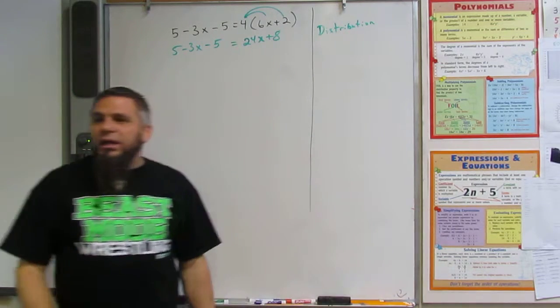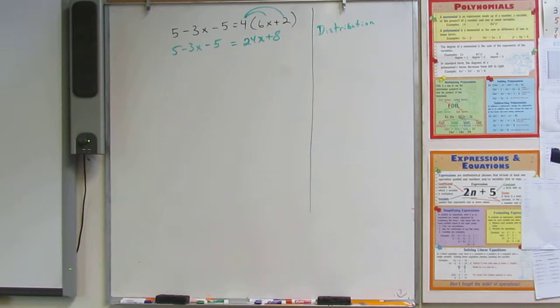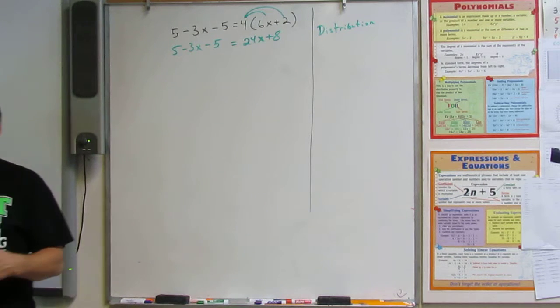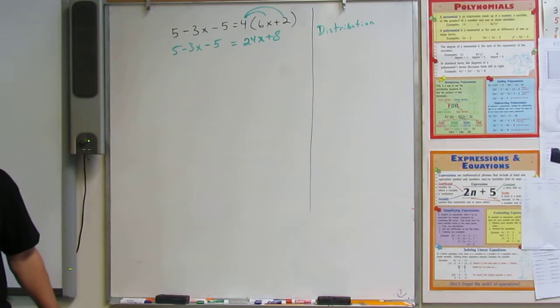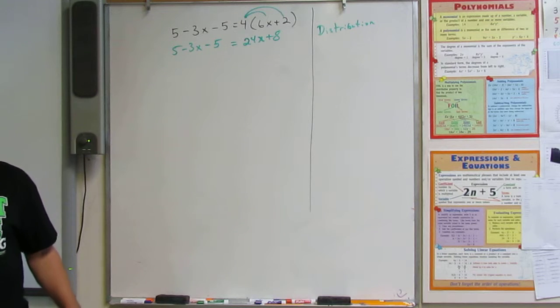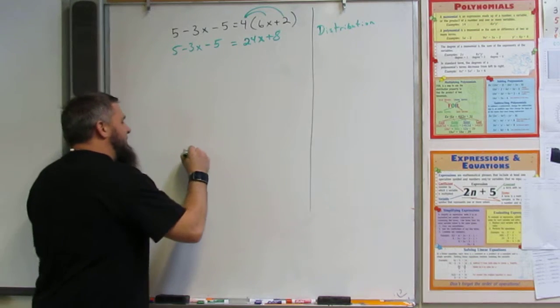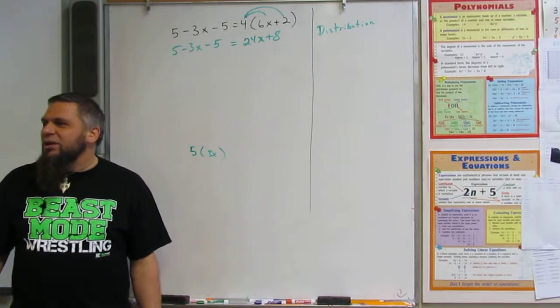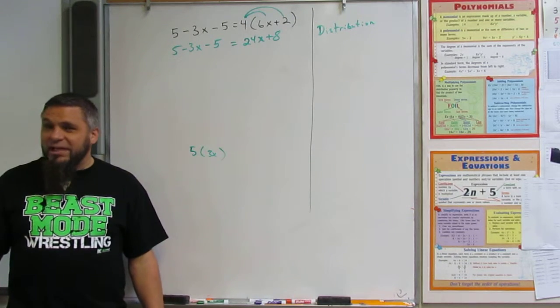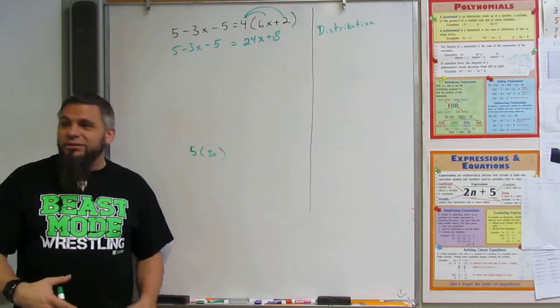What we figured out in first period is every time you simplify using multiplication, let's just call it distribution. They can't say it's not. So in other words, if you have 5 times 3x and you get 15x, you can call that simplification, but you can also call that distribution.